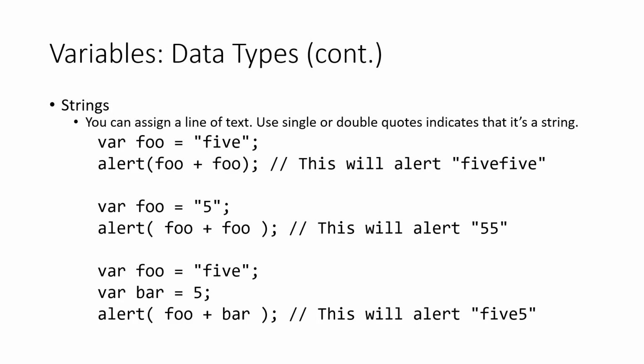So in this example, when you say variable foo equals 5, and then when you say foo plus foo, remember that this time it's a string, and although we have a plus, you cannot actually add, but it will concatenate. Concatenation just means to glue these together. Same goes with the second example as well.